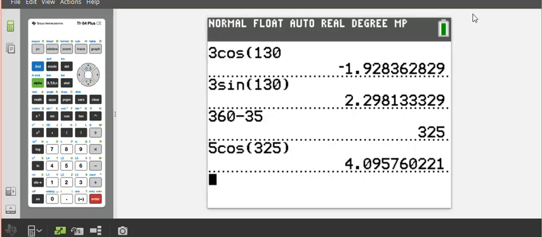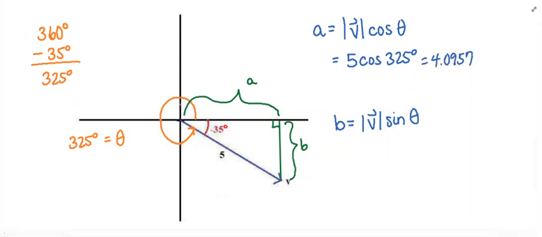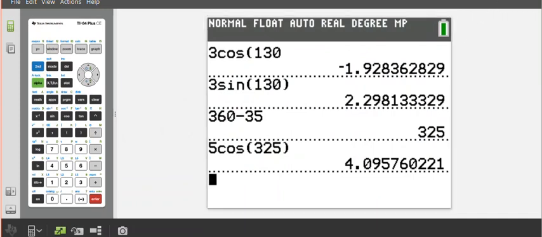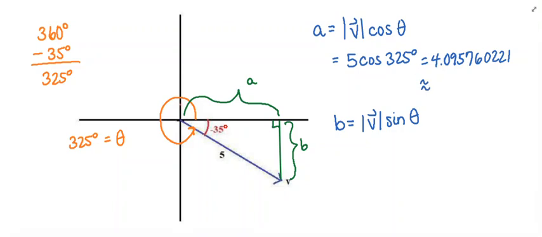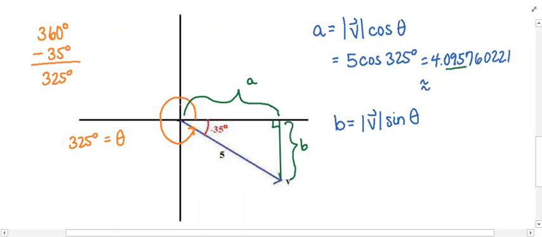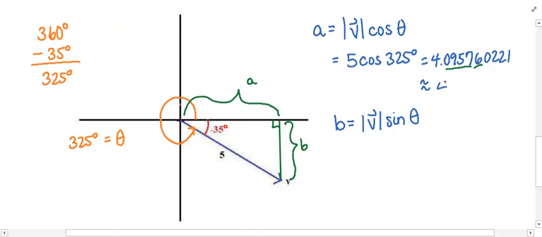This is going to be 4.0957602 21. I'm going to round to 4 decimal places. 0957, there's a 6 that comes after, so I will bump up the 7. This is going to be 4.0958 approximately.